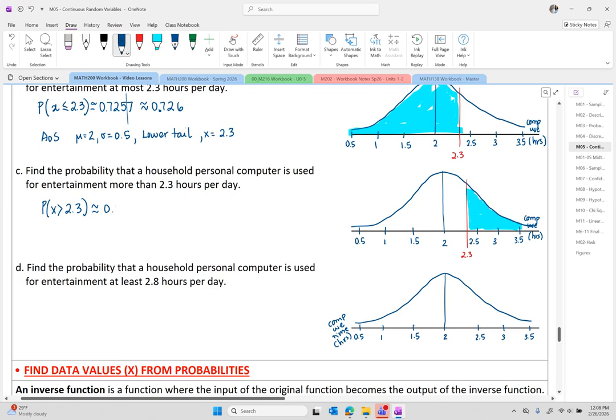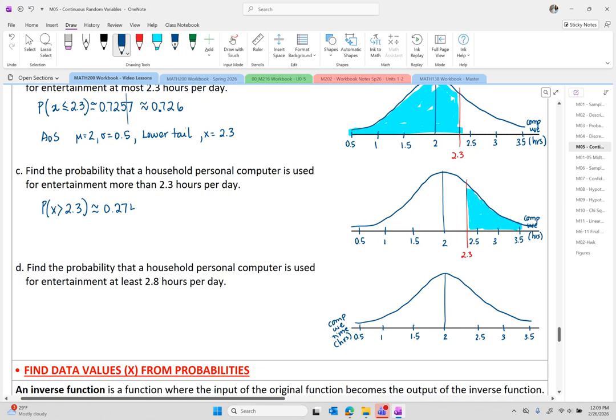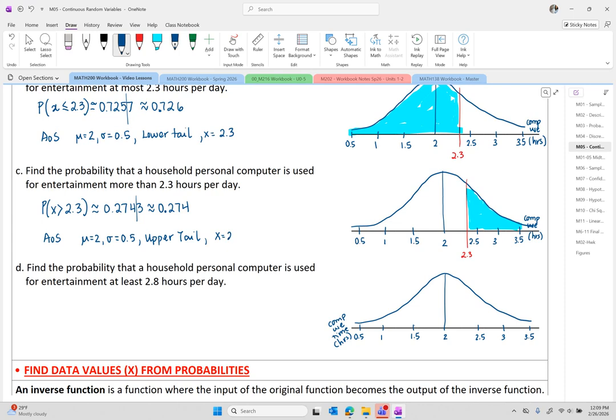So 0.2743, and I need to round to the nearest thousandth, so 0.274 will be my answer. And again, ArtofStat, explain how you use your technology. The mean is 2, the standard deviation is 0.5. I did the upper tail, and I put the x to be equal to 2.3.